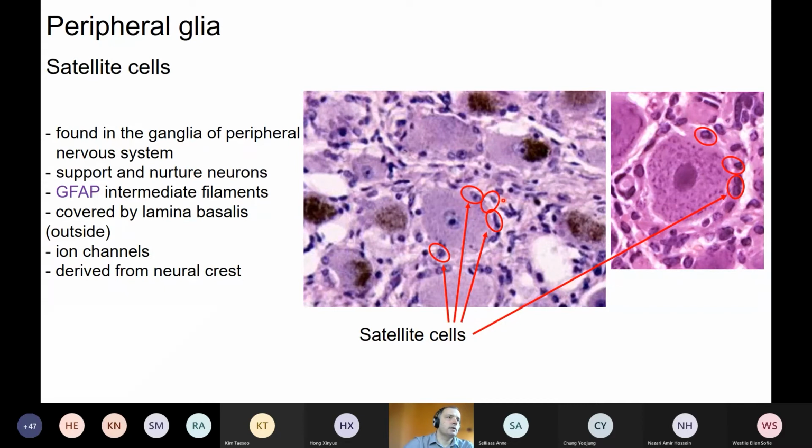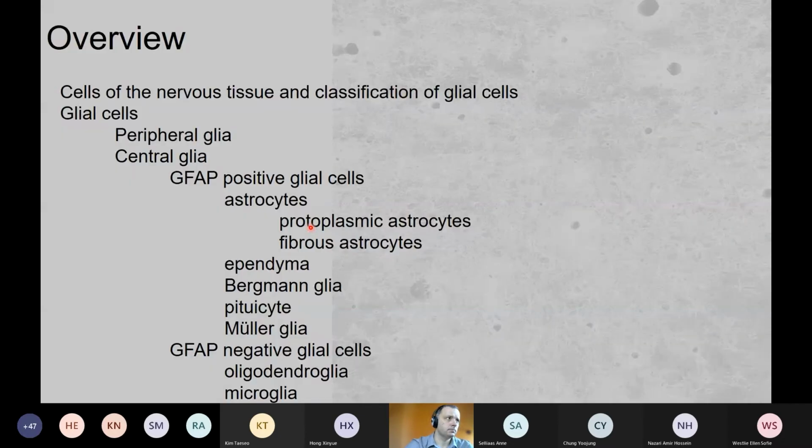So there are several similarities between satellite cells in the ganglion and the Schwann cells, which form the myelin sheath. So please, if you have to talk about the classification of the glial cells, at least mention the peripheral glial cells. And when you review these slides, take one moment to collect the main important points.